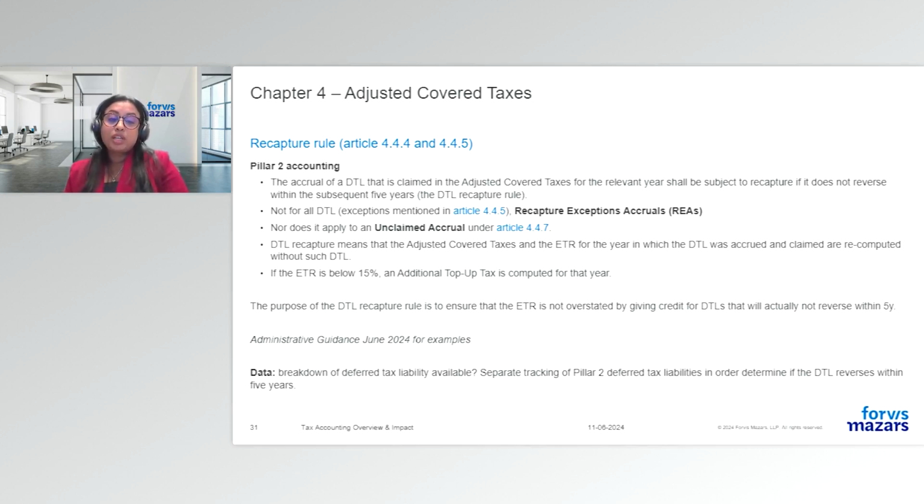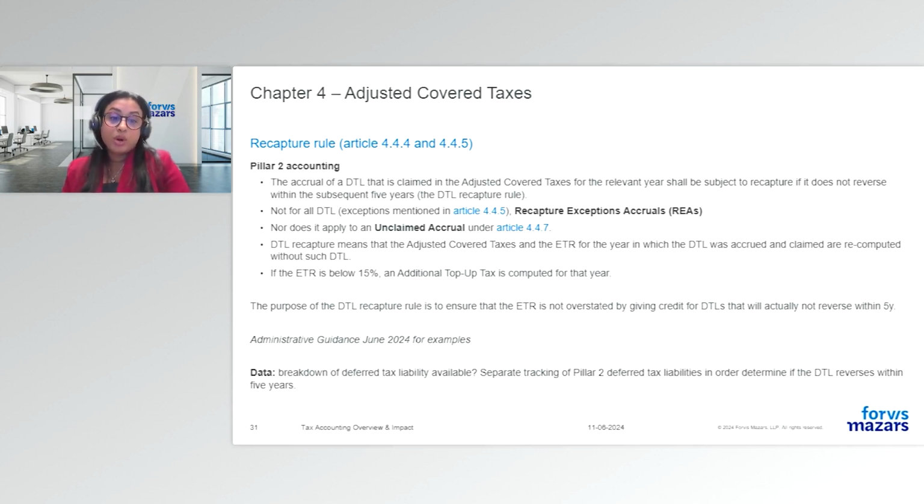So the DTL recapture rule means that the adjusted covered tax and the ETR for the fiscal year in which the DTL was accrued needs to be recalculated. The DTL accrual will be eliminated, and if the ETR drops below the 15%, additional top-up tax will be the result. Article 5.4 should be considered in this respect. This article is about the calculation of additional top-up tax.